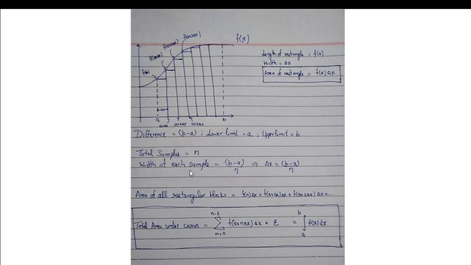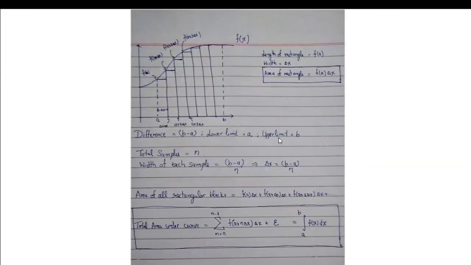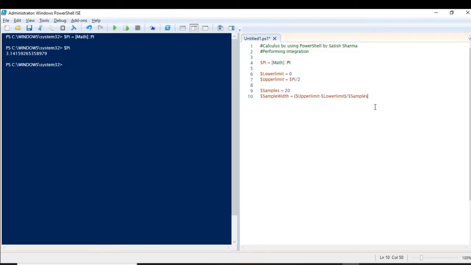The sample width is delta x, that is, B minus A divided by N. We are doing just this. So this was the width, that is delta x.